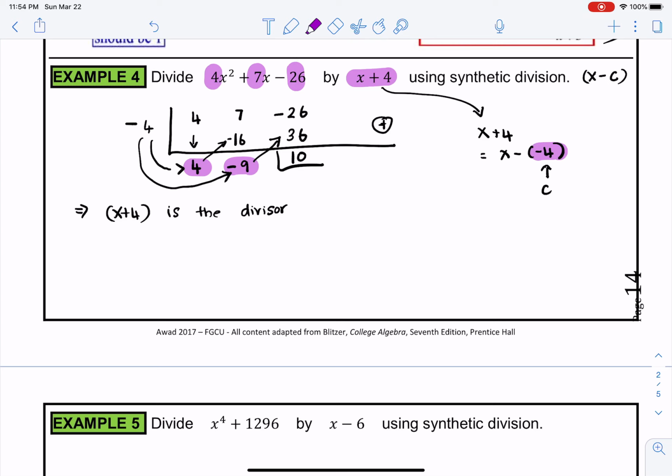And you should always start the quotient at 1 degree less than the original polynomial. So the degree in the original polynomial is 2, so we start at x. So 4 times x, that 4 comes from that term there, and after that is a constant term, so we have negative 9 as is, and that would be the quotient.